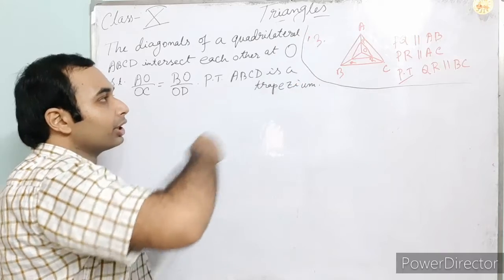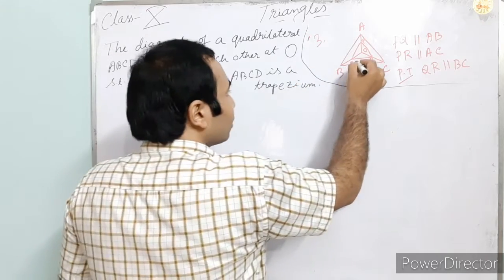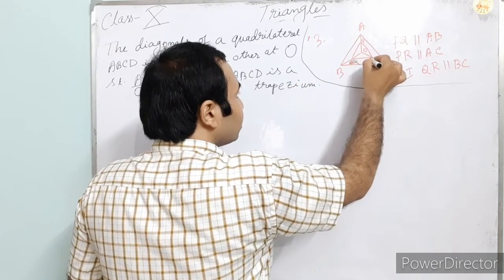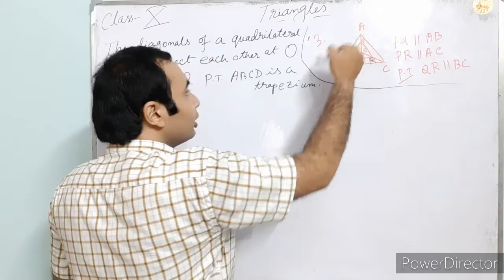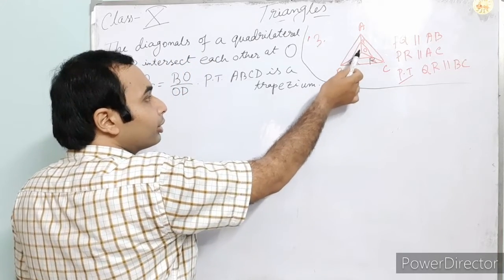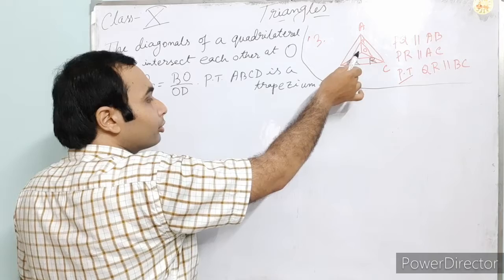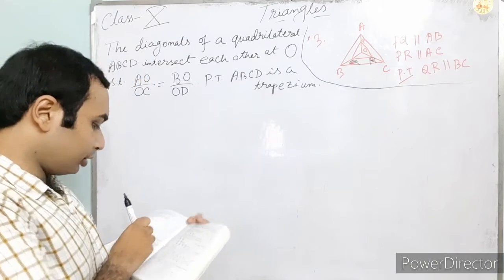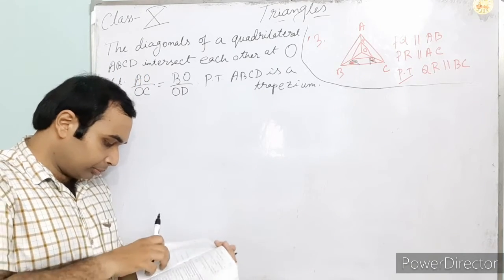Here one figure is there. This is Q, this is R, this is P. ABC is there, and I am saying the statement for you.